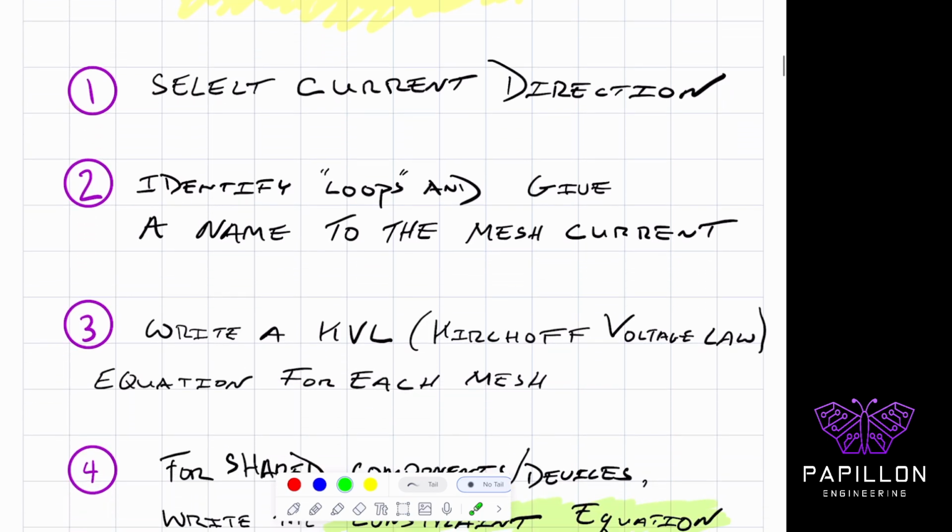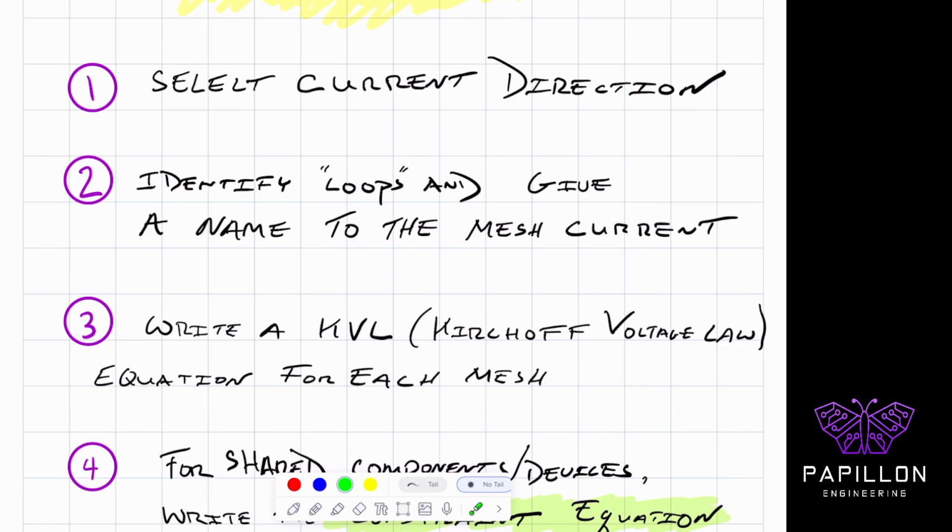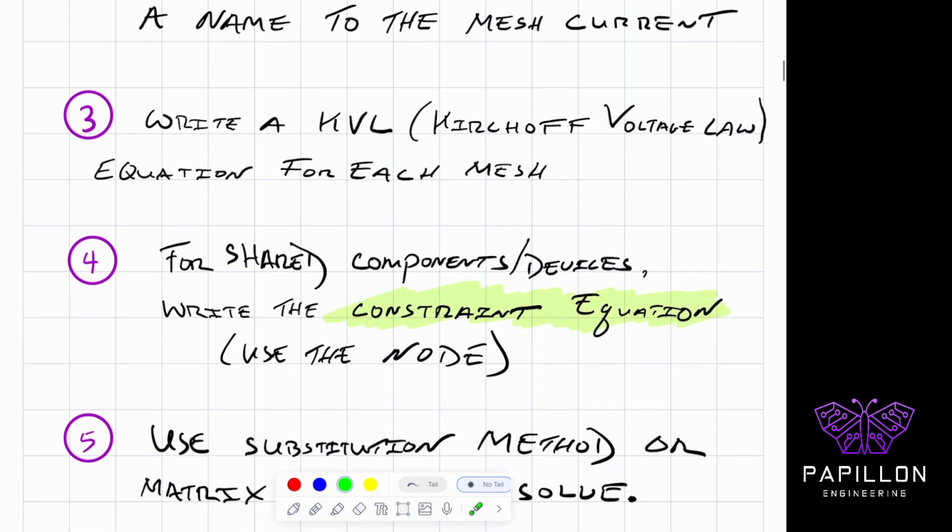Finally, we're going to talk about KVL, aka Kirchhoff's voltage law. We're going to write a specific equation that satisfies each mesh using a KVL equation. Step 4, we're going to try to figure out what is an actual constraint or a constraint equation, and we're going to look for that and hopefully identify it. We'll be more specific as we go on with this example.